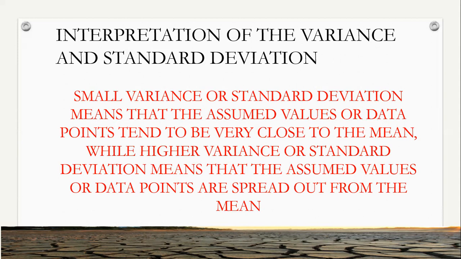But if they have a greater value of the standard deviation, it means that the scores or the numbers are quite far from each other. They spread out from the distribution. So it's different from the interpretation of the mean, because a higher mean means the better. But in the case of measures of spread, like the standard deviation and the variance, the smaller the variance, the better the performance. Or the smaller the standard deviation, the better the performance.